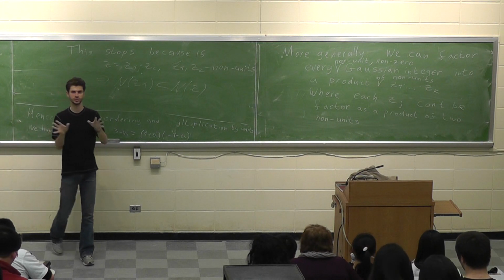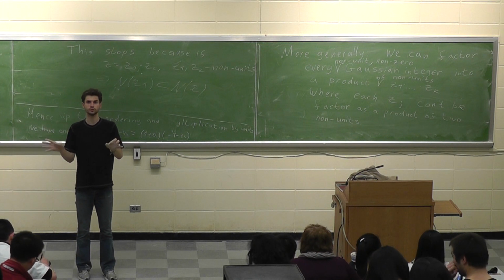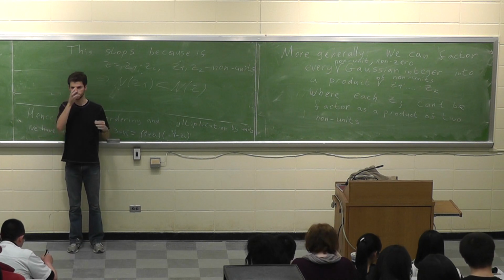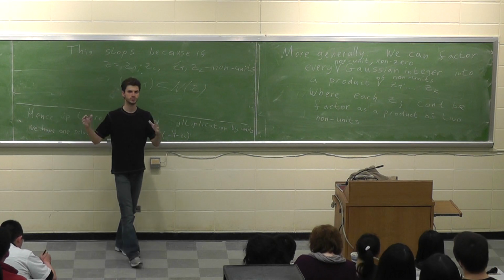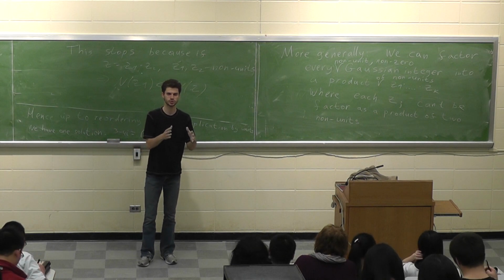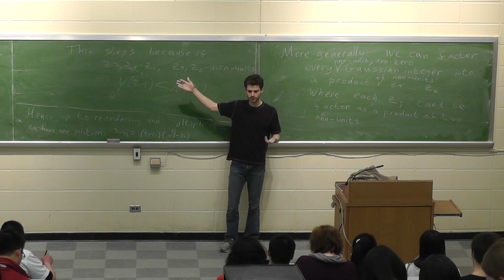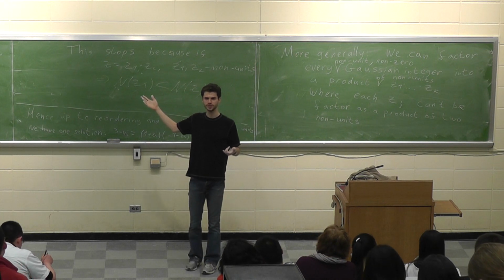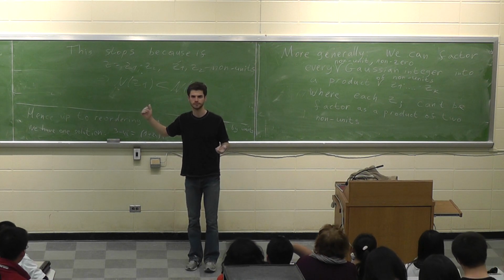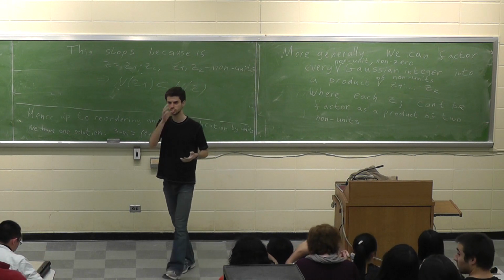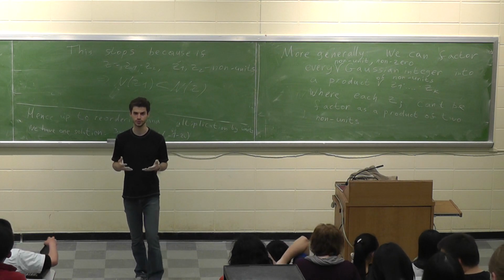So every time you factor a Gaussian integer into the product of non-units, the norm of the factor becomes smaller. So you can't continue to infinity. At some point you will get to numbers whose norm is very small, eventually 1, and a number whose norm is 1 is already a unit. Okay, so we have prime factorization in Gaussian integers. Next time we will apply it to some useful problems.